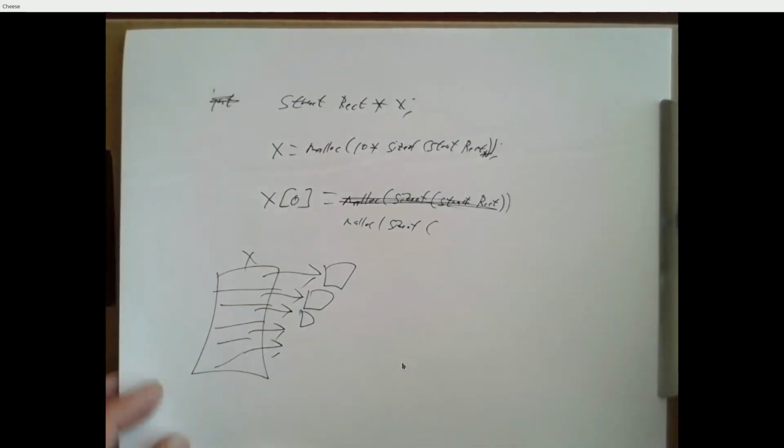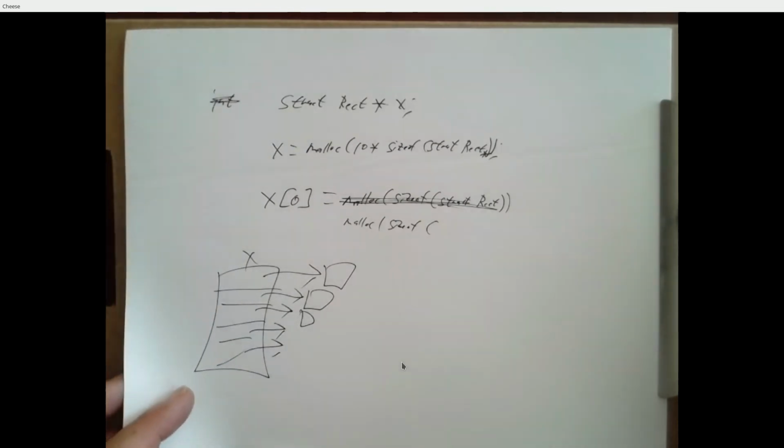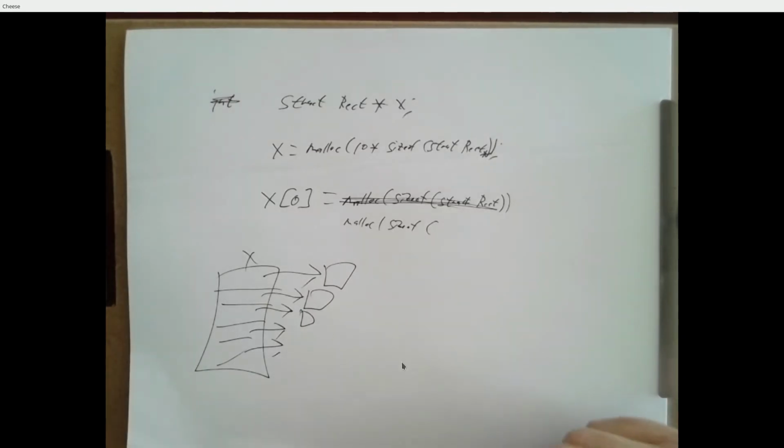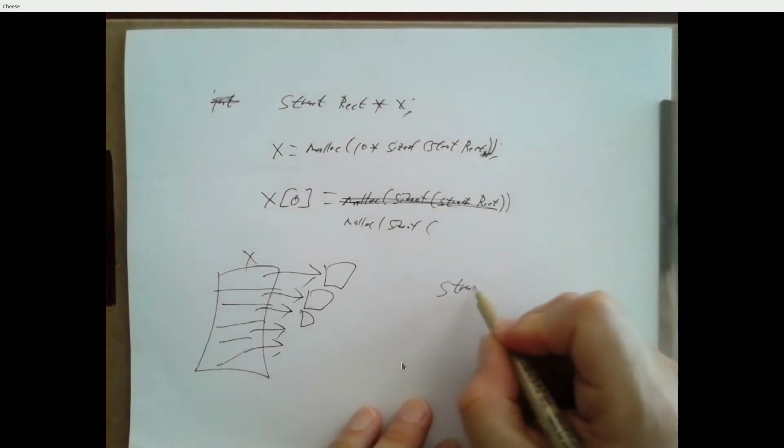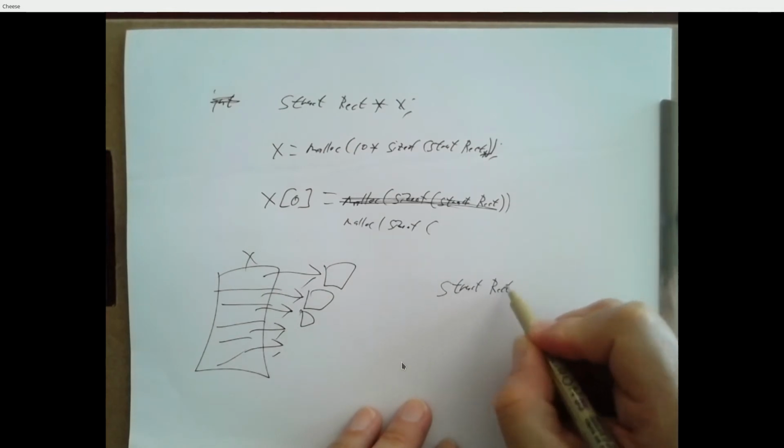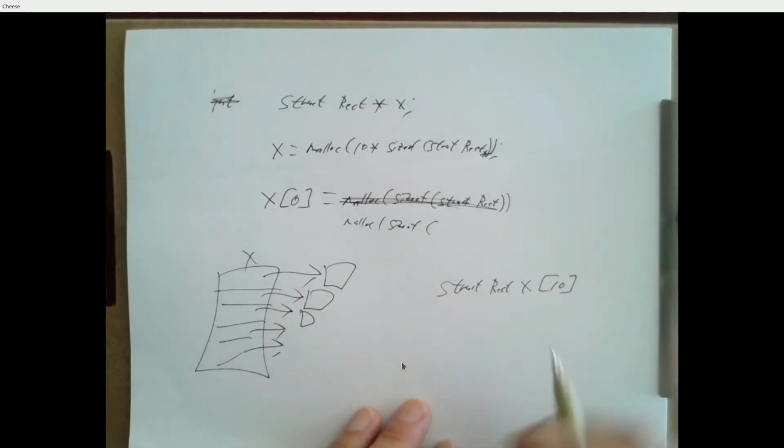So when you make an array of stuff like that in C, does it actually put the rectangles next to each other, or does it really do an array of pointers to rectangles? If you say like this, you mean? Yes, if you do that.